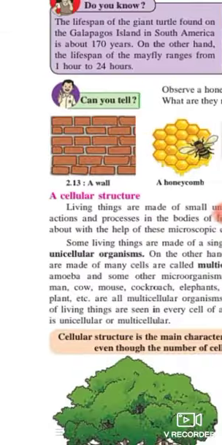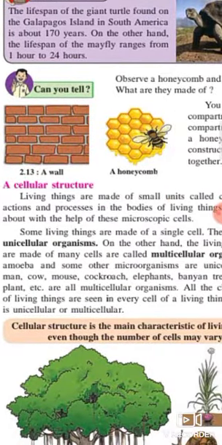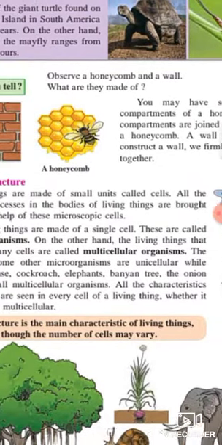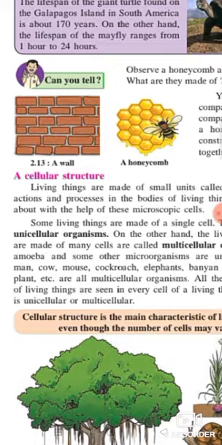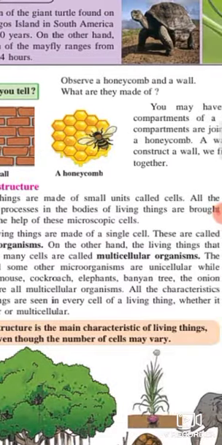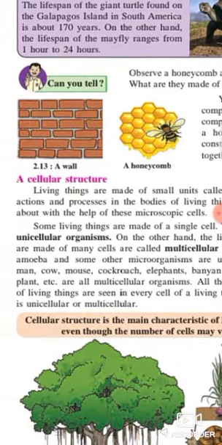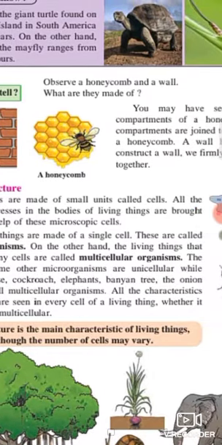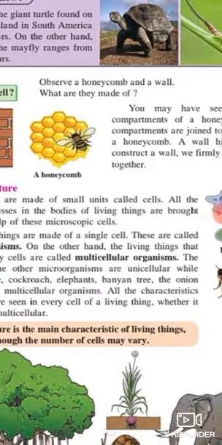So the next point is a cellular structure. Living things are made up of small units called cells. All the actions and processes in the bodies of living things are brought about with the help of these microscopic cells. These cells are very tiny. We cannot see them with our naked eyes.